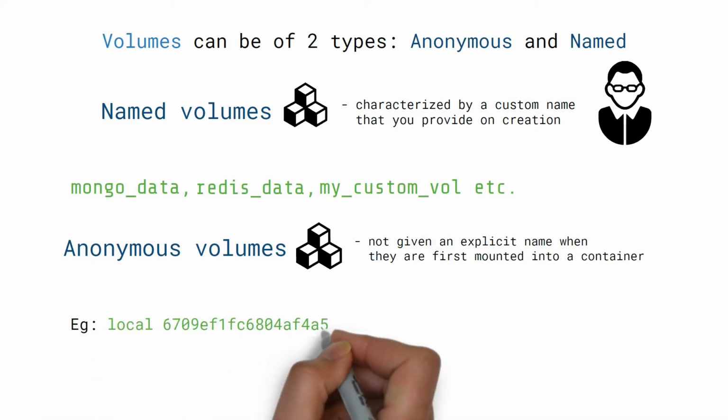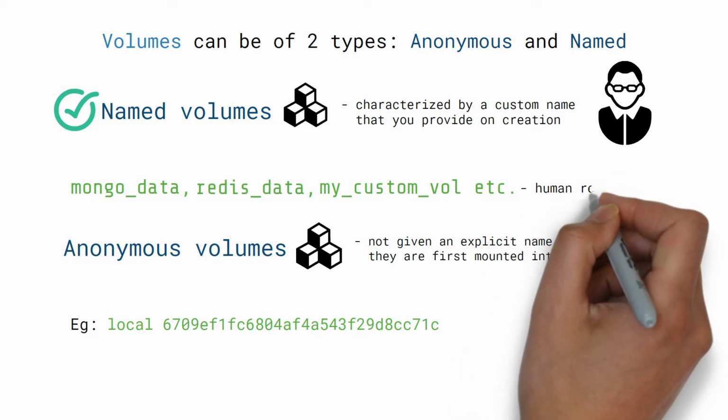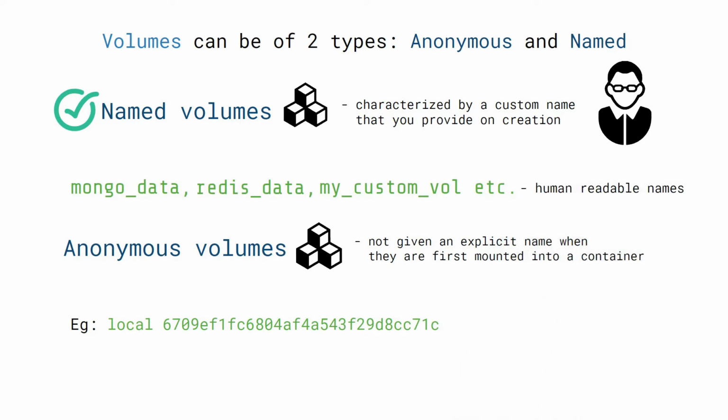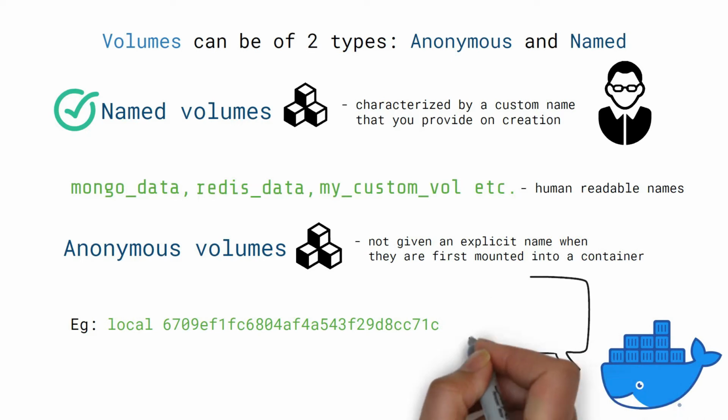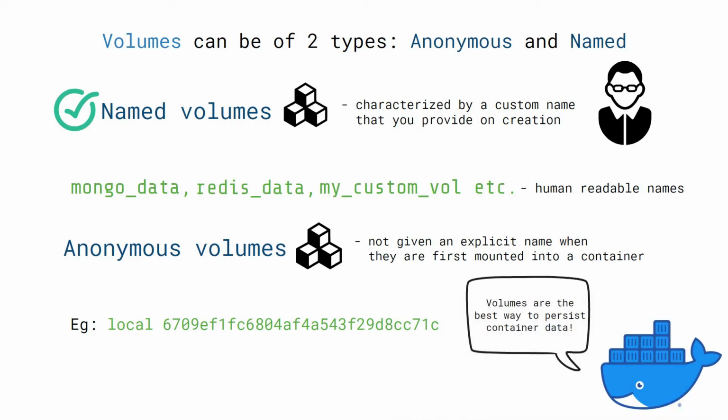Besides the name, both types of volumes behave exactly in the same ways. But named volumes are easier to deal with since you can refer to them using a human readable name. Docker claims that volumes are the best way to persist container data. But why is that so?